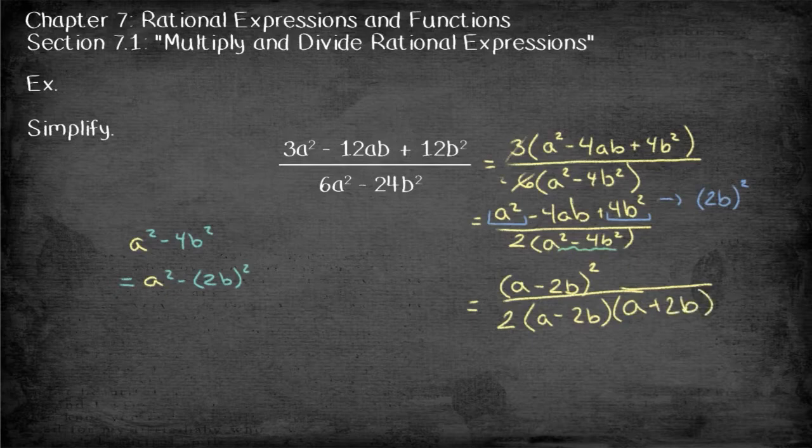And this reduces because one of these factors upstairs in the numerator can divide to 1. That would mean we have a minus 2b over 2 times a plus 2b. And that's it. We can't simplify it any further than that.